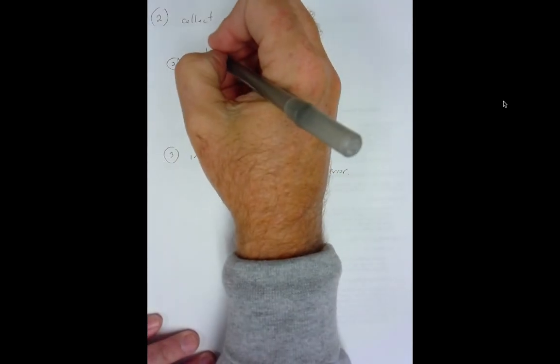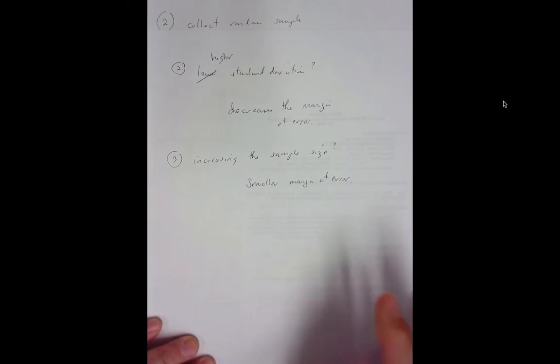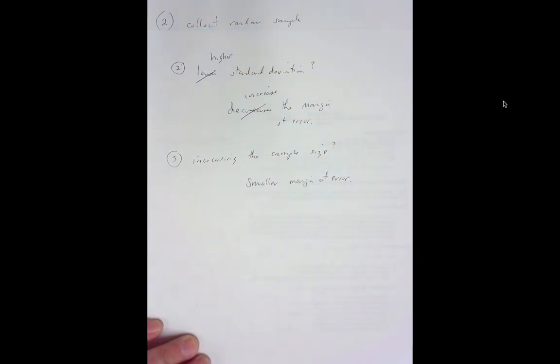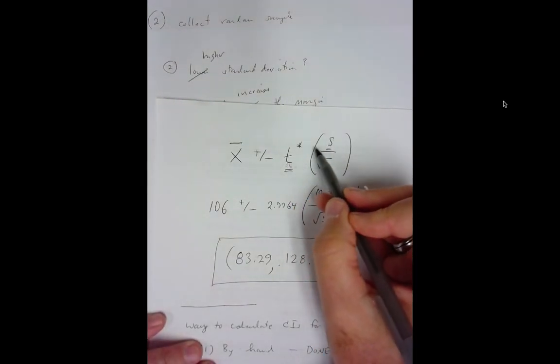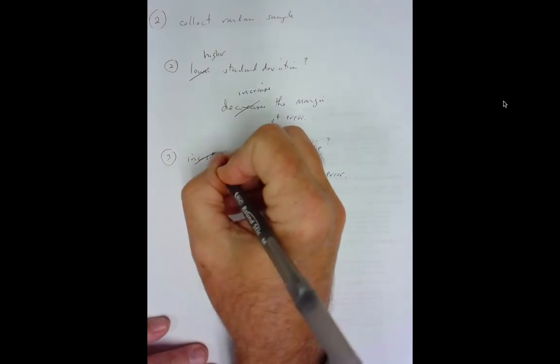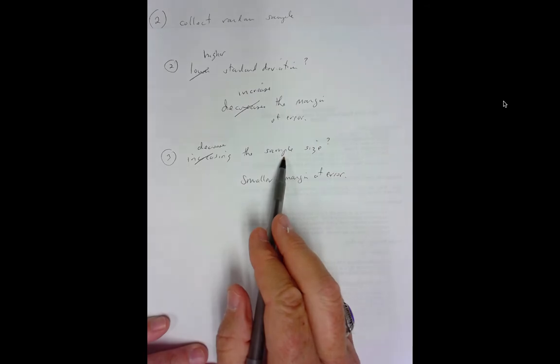What if we got a higher standard deviation? Well, then we're going to increase. By the same logic as before, if we put a bigger number there, we're multiplying our T critical times a bigger number, we're going to get a bigger margin of error on the right-hand side. What if we decrease the sample size?